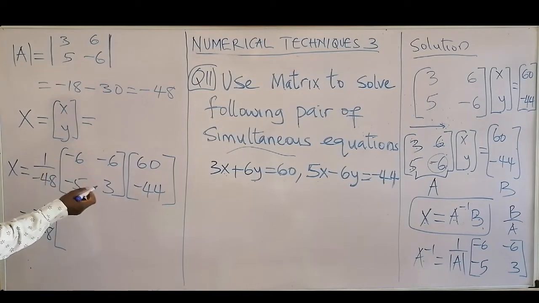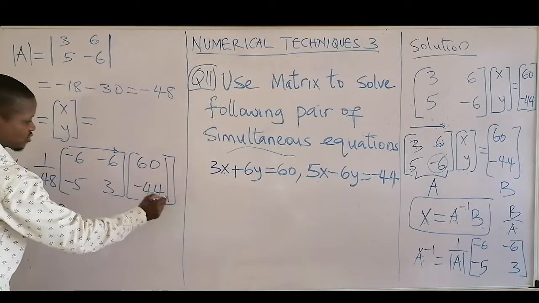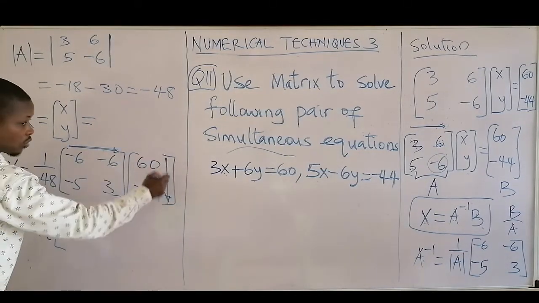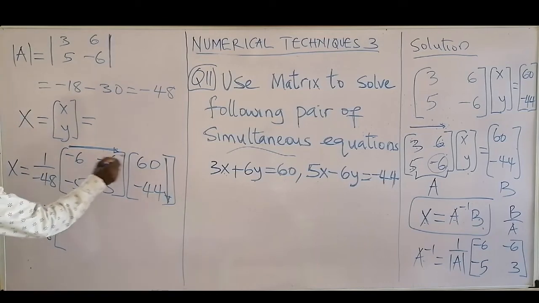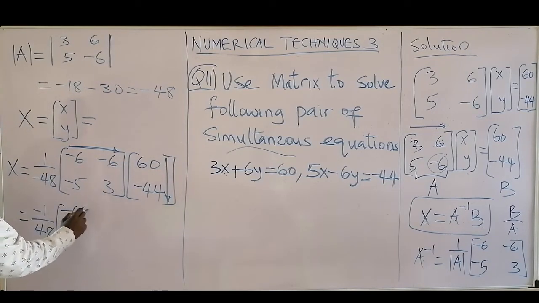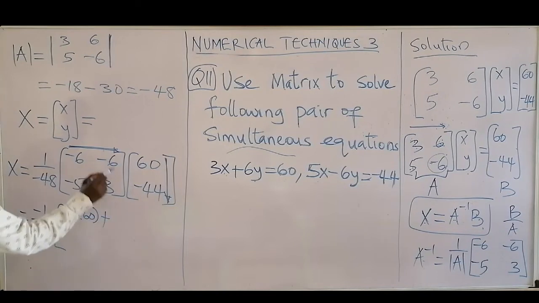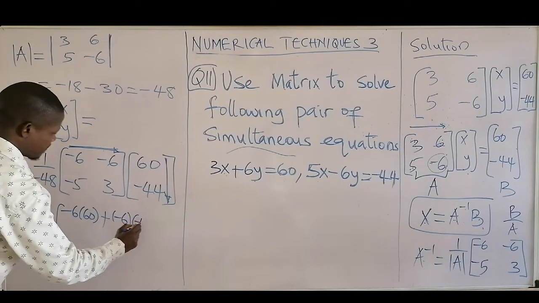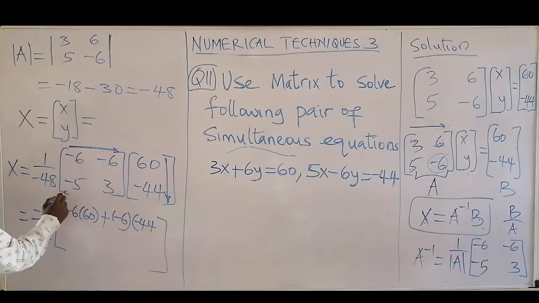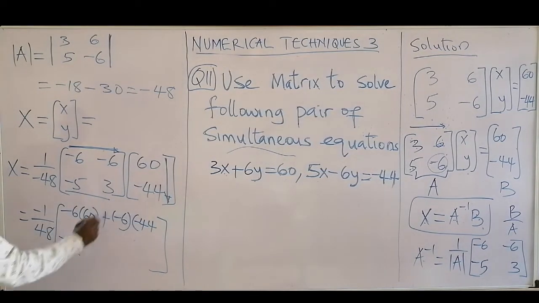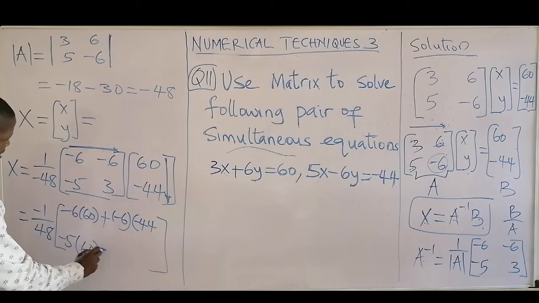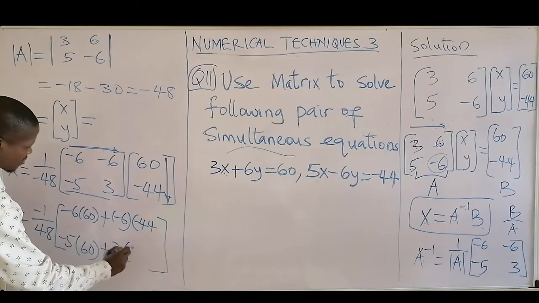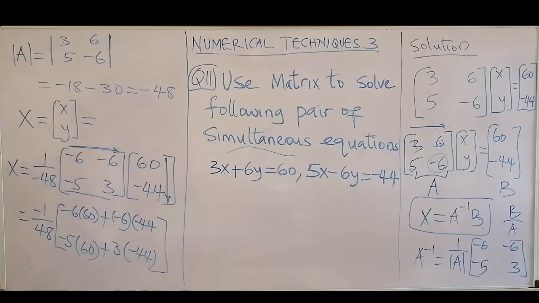When you're multiplying matrices, it is the row times the column. So minus 6 times 60, plus minus 6 times minus 44. Then do the same thing for the second row: minus 5 times 60, plus 3 times minus 44. So that will be equal to minus 1 over 48 into brackets.